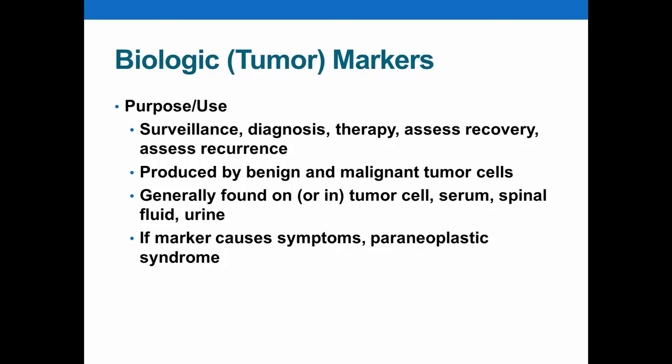Finding tumor markers in the urine, I think we talked about that in terms of multiple myeloma and looking for the Bence-Jones protein. Now, if the marker causes symptoms, these symptoms are called the paraneoplastic syndrome, and we're going to talk about that a little bit more shortly.